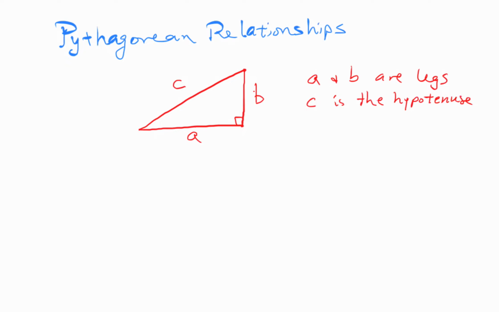If A and B are legs and C is the hypotenuse, then the Pythagorean theorem says A squared plus B squared equals C squared. And so what I want to do is look at this in a couple of different ways.